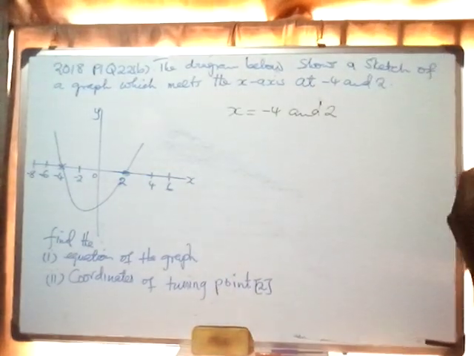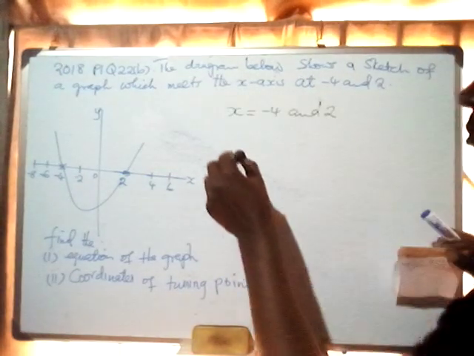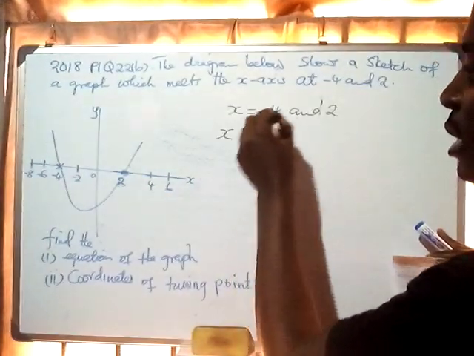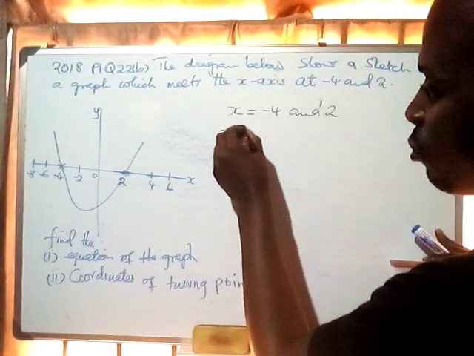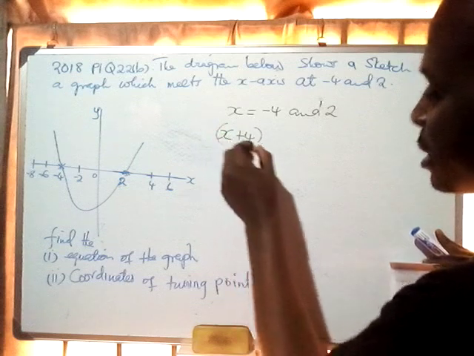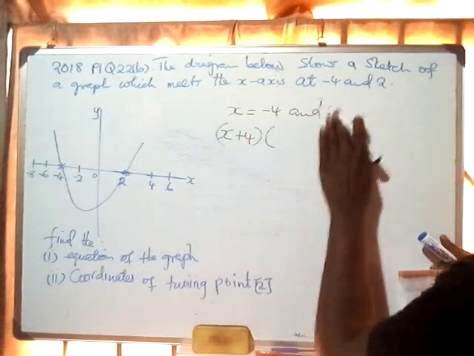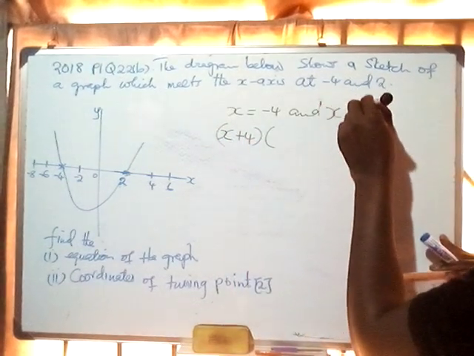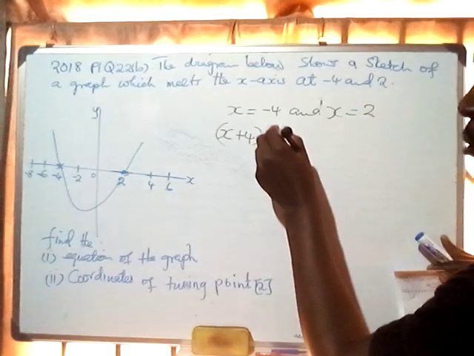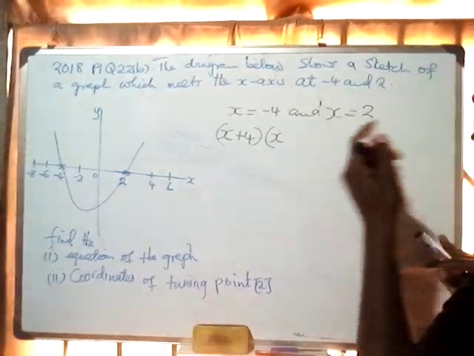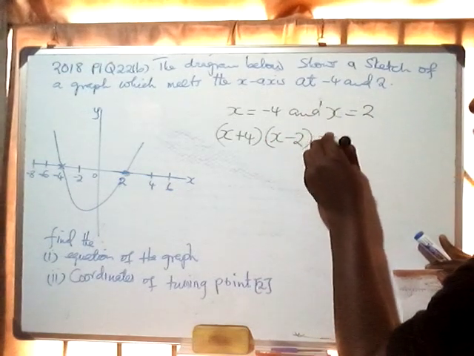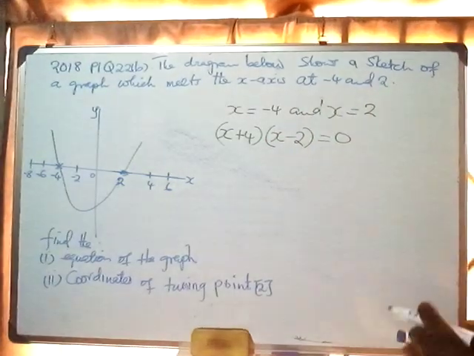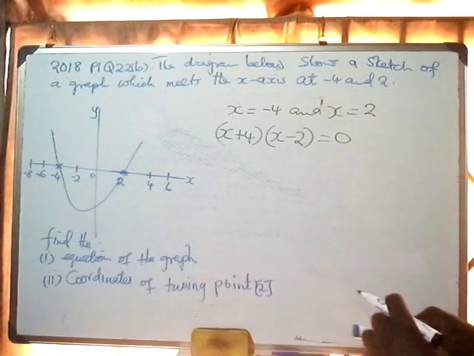So the equation of the curve, this 4 will come to the other side of the equal sign, meaning it will become plus. So x plus 4. Then again, since this one is also x is equal to 2, this 2 comes like this, it will be minus. So (x plus 4)(x minus 2) is equal to 0.